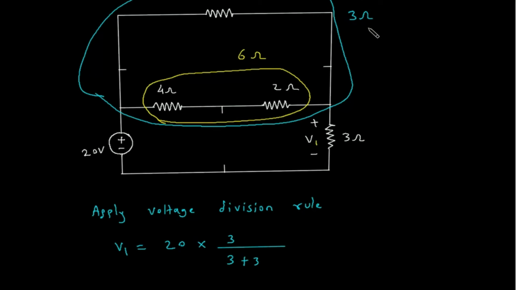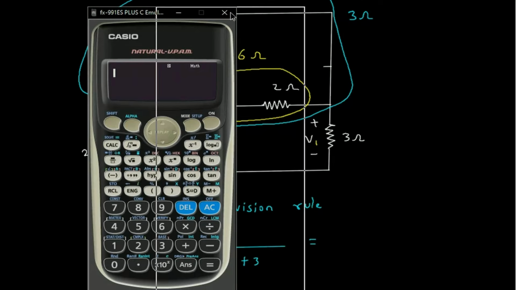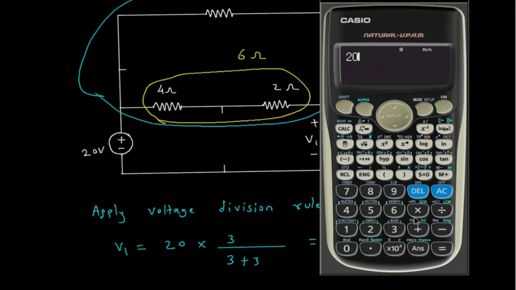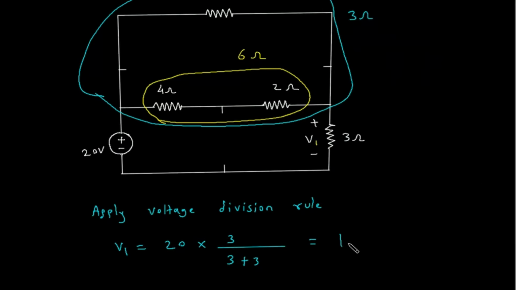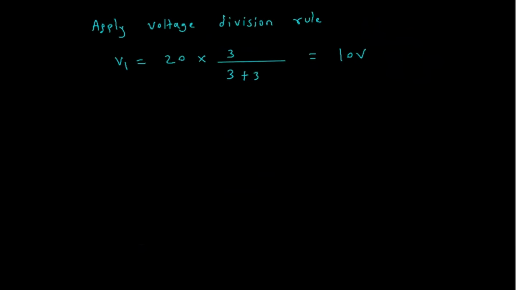So this will be 20 into 3 by 3 plus 3. So it is 10 volt. Therefore V1 is equal to 10 volt.